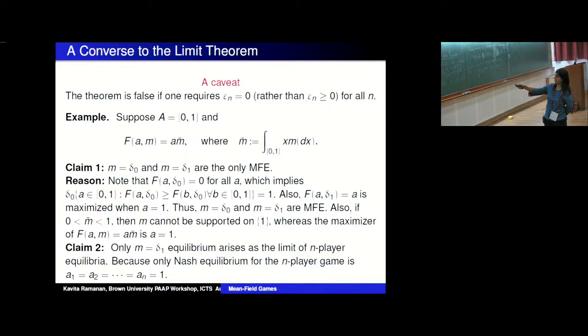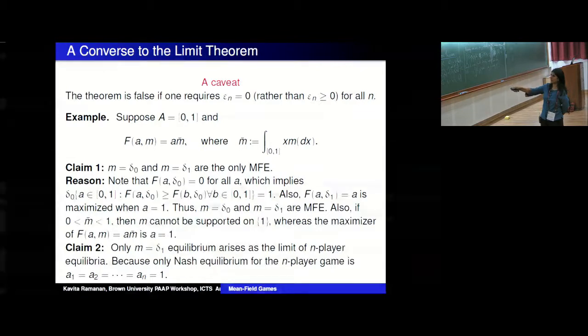Well, look over here, f(a, delta 0) is 0 for all a, right? If I have a probability measure which is concentrated on 0, its mean is 0. So obviously f(a) is 0 for all a, which of course then implies that in particular a equals 0 is included in that. And so certainly delta 0 is a mean field equilibrium.